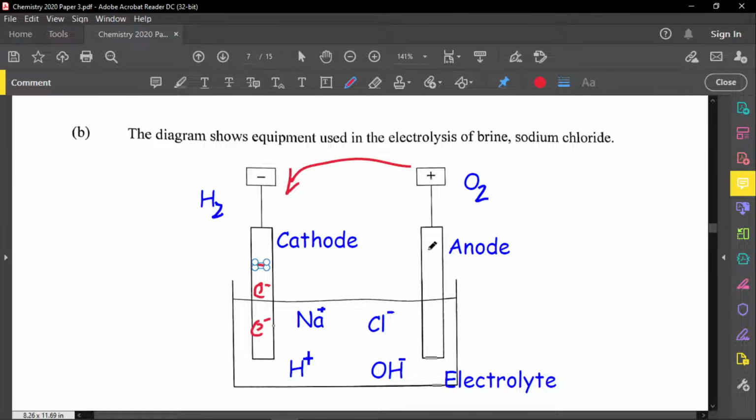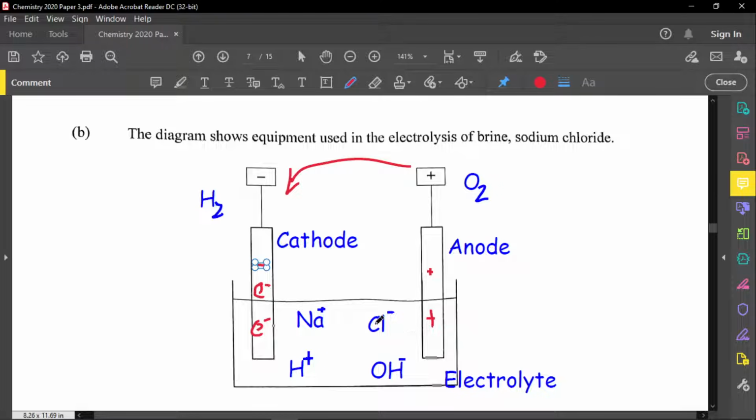The positive terminal will lose electrons to the negative terminal, and so there will be a surplus of electrons in the cathode. Now, why is this important? Because when the positive ions go towards the negative electrode, they will gain electrons and become stable. In the same way, the negative ions will go towards the positive electrode, and they will give up electrons.